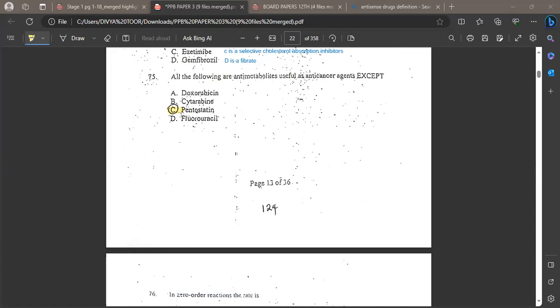Some of the antimetabolites are 5-fluorouracil, capecitabine, floxuridine, cytarabine, gemcitabine, decitabine, and azacitidine. So I don't know about pentostatin. Okay, yeah, pentostatin is an antimetabolite. Okay, I guess it's doxorubicin.